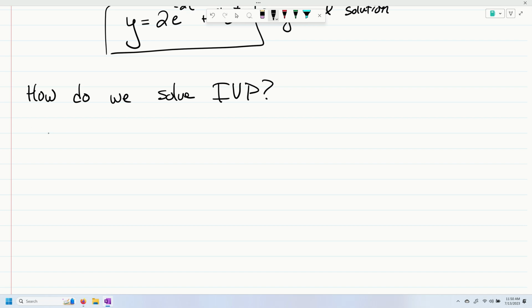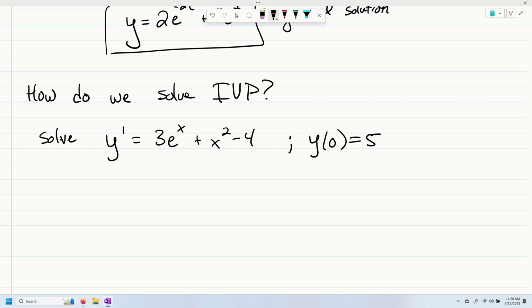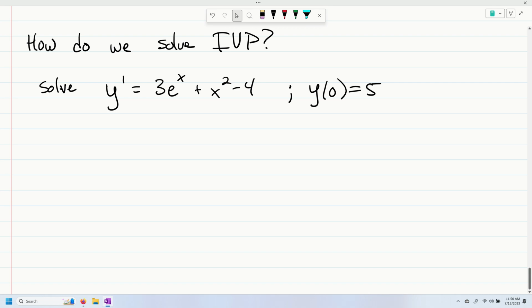So we have y prime, which equals 3e to the x plus x squared minus 4, given the initial condition y of 0 equals 5. All right, when you have this notation right here, everyone, all this is saying is that you have the point (0, 5).